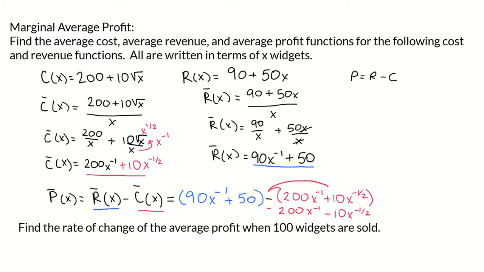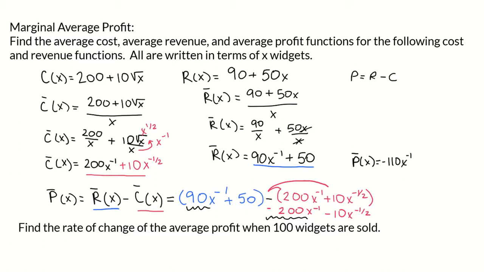So to get our average profit function, we just want to combine these terms. We're going to get that average profit is 90x to the negative 1 minus 200x to the negative 1, so that's negative 110 x to the negative 1.